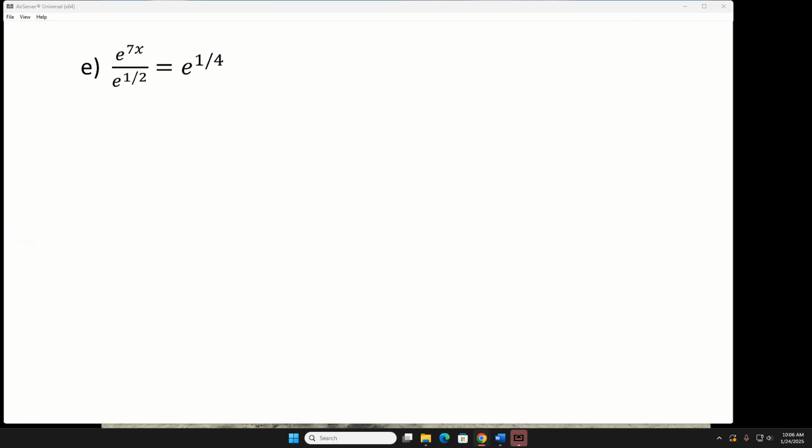What we would need to do is bring this as E to something. So if it's division, what would you do with those exponents? Subtract for division. Then, since they have the same base, I can just set the exponents equal.